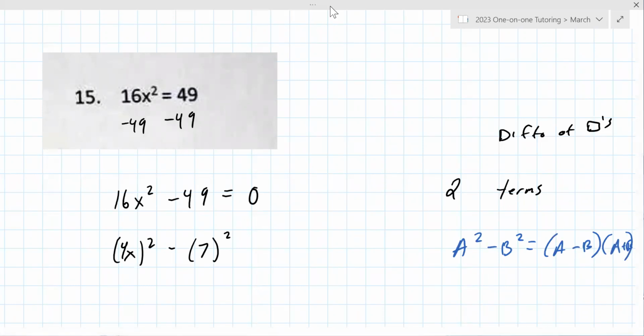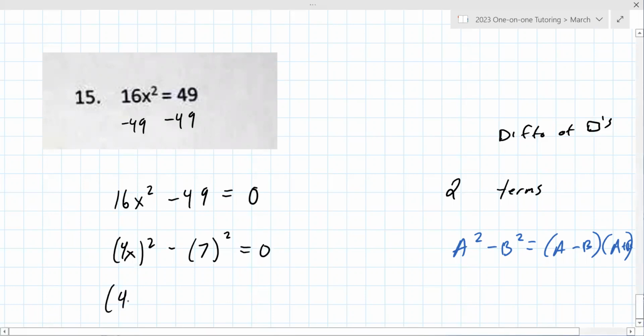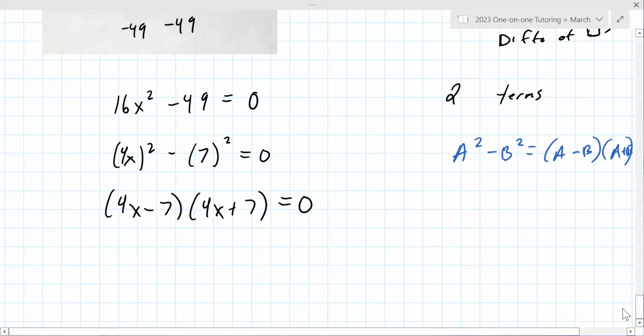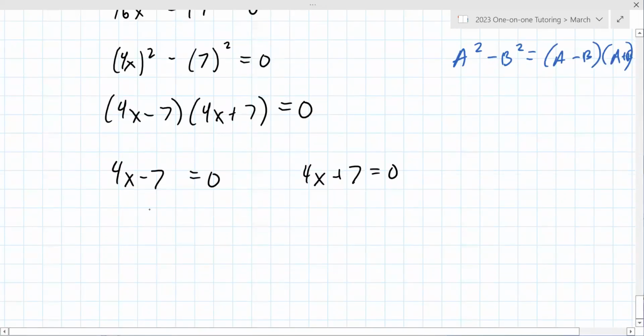Can you tell me what this becomes? Yeah, it'd be 4x minus 7 and then 4x plus 7. Very good. All right, so now you set them each equal to 0, and go ahead and give me the answers after you solve this, please. I got 4x equals 0 for both. But you're going to add 7 to both sides first, right?